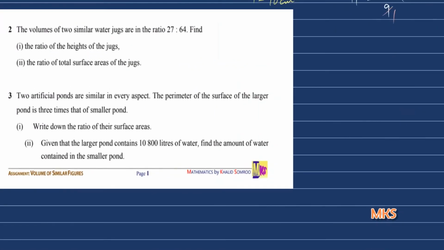From the previous question, we have concluded that if the volumes V1 over V2 are given, that is heights or the lengths, whatever the type of lengths are, H1 over H2 cube.